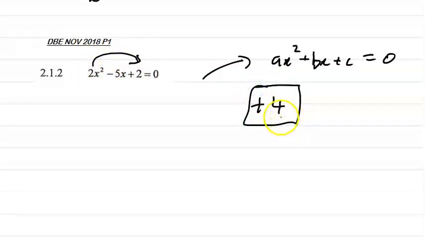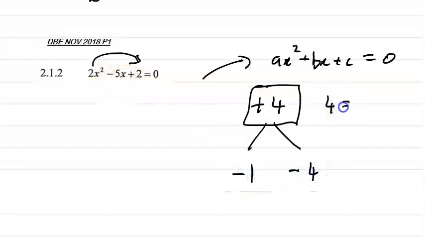So what I'm looking for are the factors of 4 which, when I multiply them together, give me plus 4, but when I add them, give me minus 5. So that will be minus 1 times minus 4.